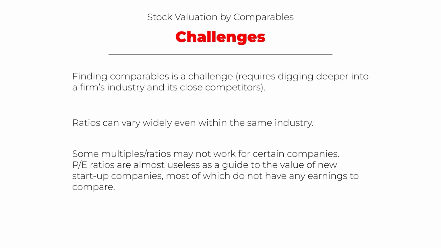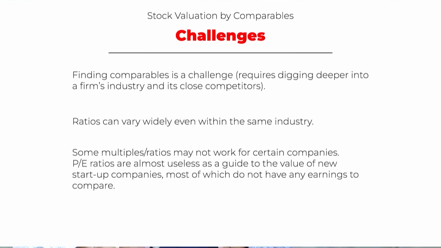For instance, you typically cannot make use of the price to earnings ratio to estimate the stock price of startups or loss-making companies. This is because the earnings for these firms are often negative, and therefore you are going to get an estimate of stock price which is negative, and you know that the stock price cannot be negative. Nobody is going to give you a stock and at the same time pay you some money. That is absurd, right?